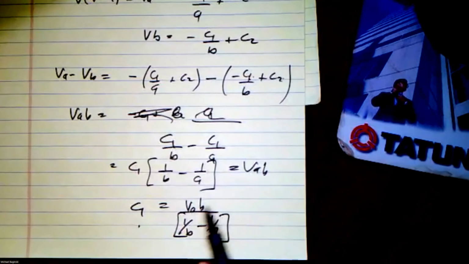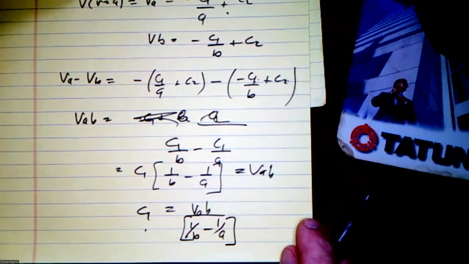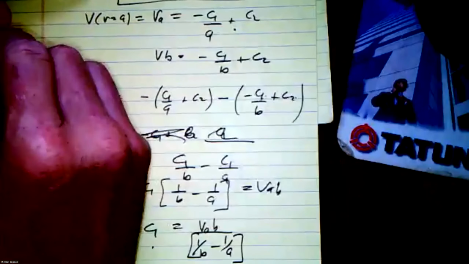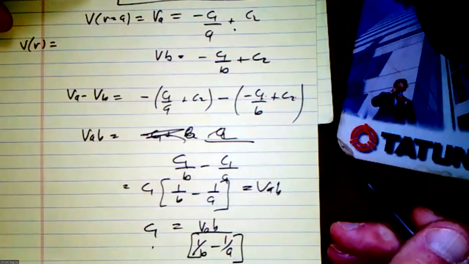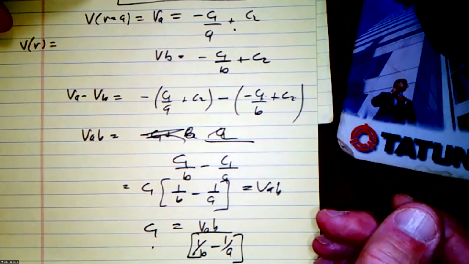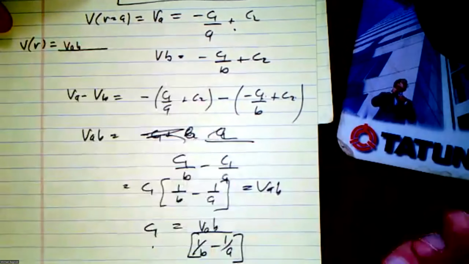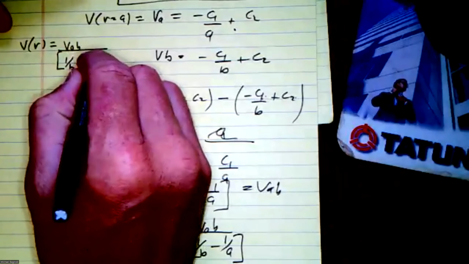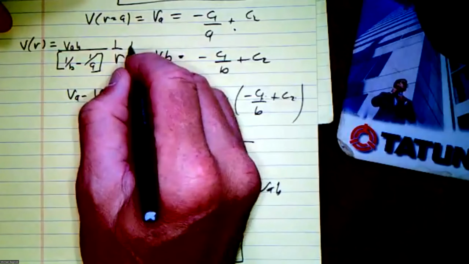When you take this and plug it into this equation right there for C1, you're going to get V of R is equal to VAB over 1 over B minus 1 over A, and then it's divided by R, so it's 1 over R plus C2.